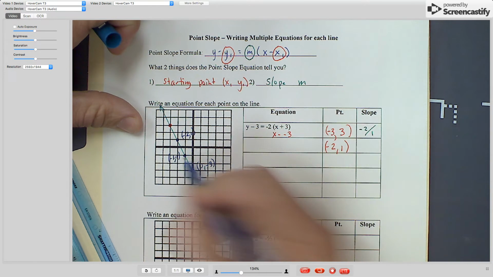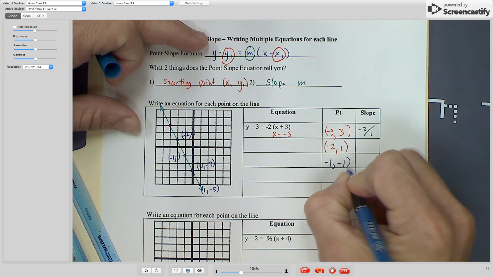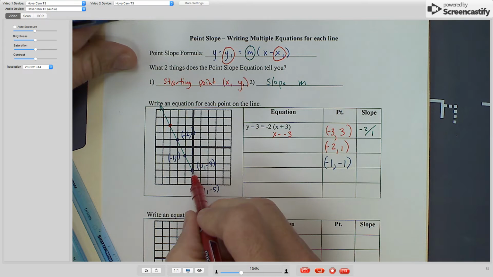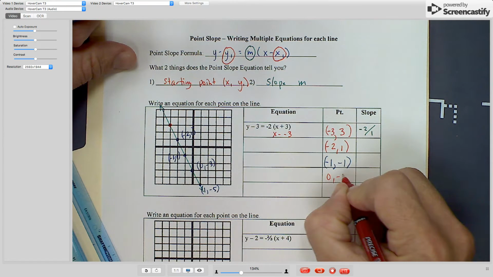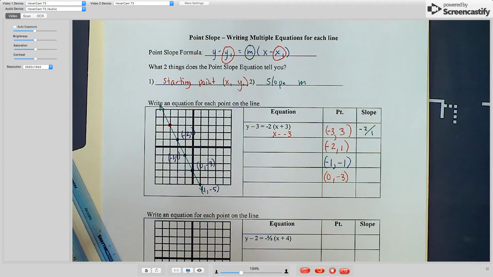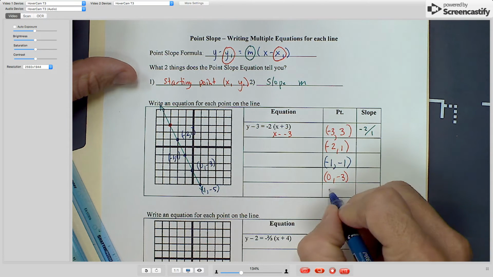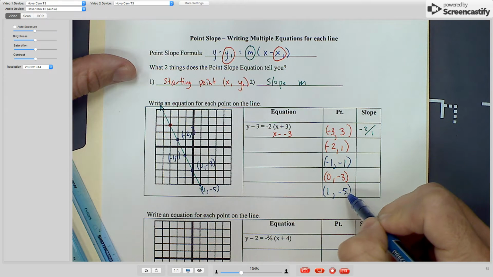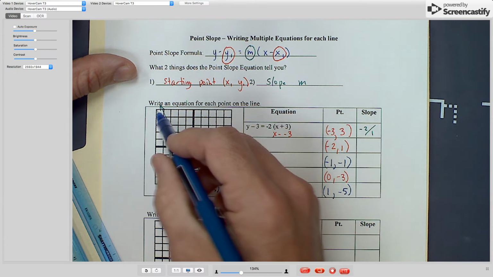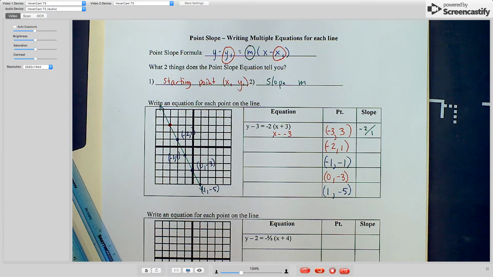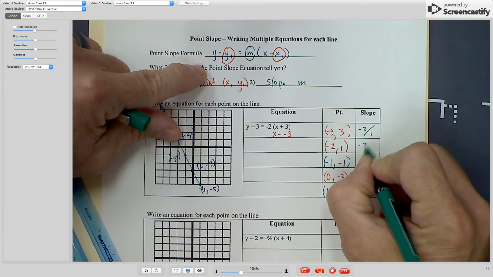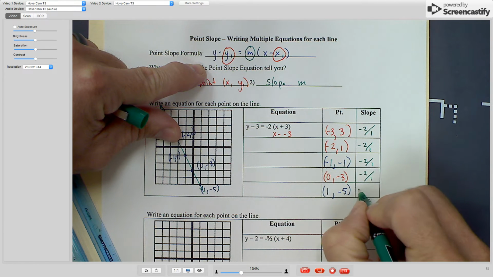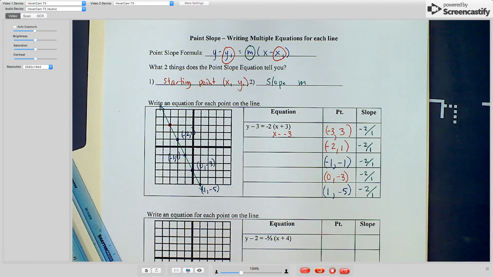This next one was negative 1, negative 1. We had this point right here also on the line, 0, negative 3. And we also had this point right here, which was positive 1 and negative 5. So we identified 4 other points that are on this line. Being on this line, they all have the exact same slope. So I'm going to write down negative 2 over 1 for each, because they're all on the same line and they all have the same slope.